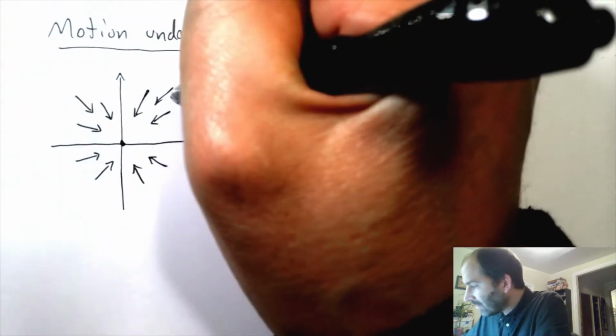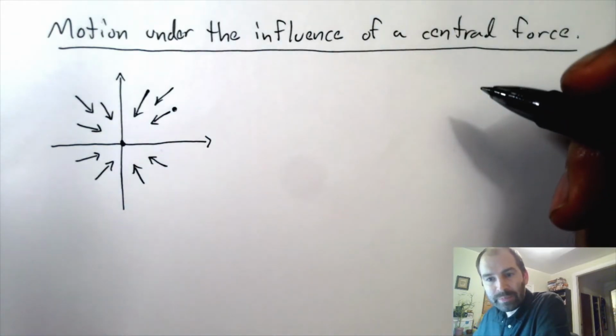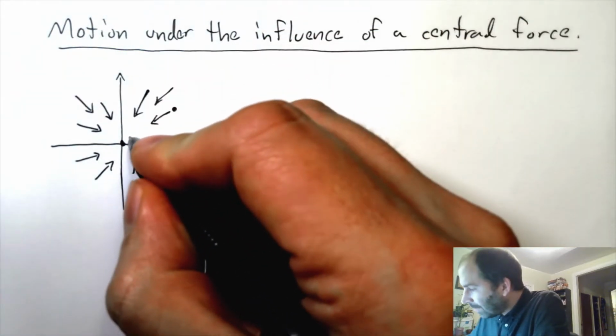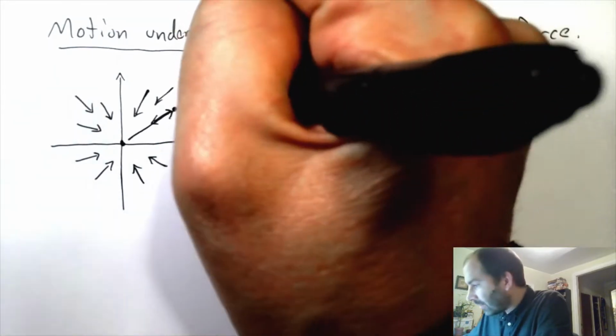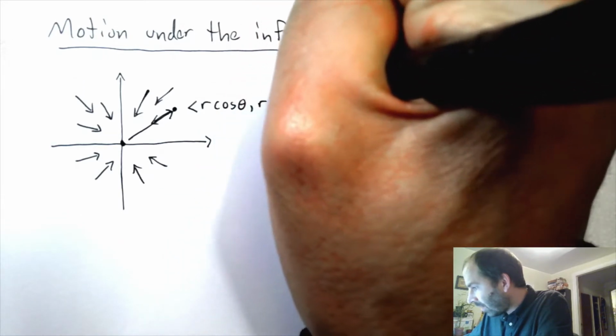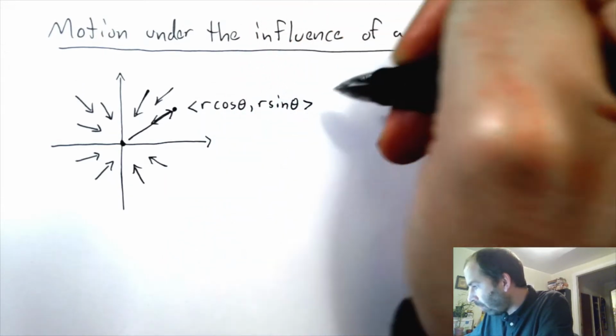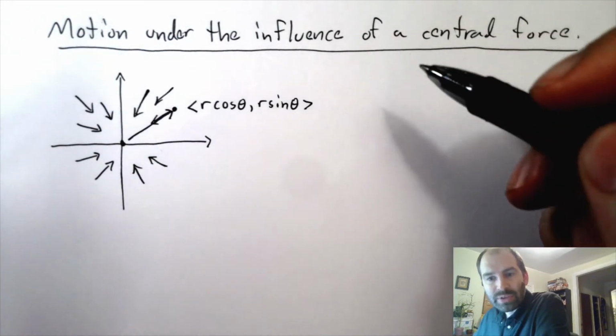Now, if I imagine any point in space, suppose there's an object out here. That object is defined by some vector, right? That vector is r cosine theta, r sine theta. I'm using polar coordinates to represent the position of that object.